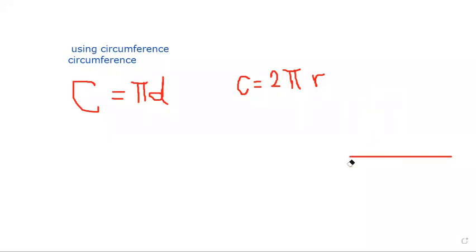What is the meaning of semicircle, grade 7? Half of a circle. Half of the circle, yes. If I want to calculate the circumference of a semicircle, how will we calculate it?